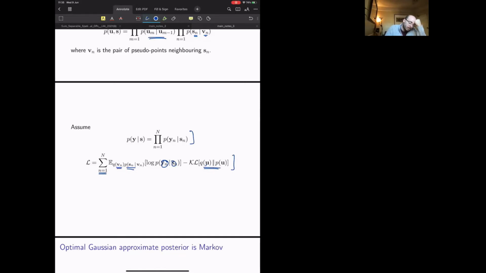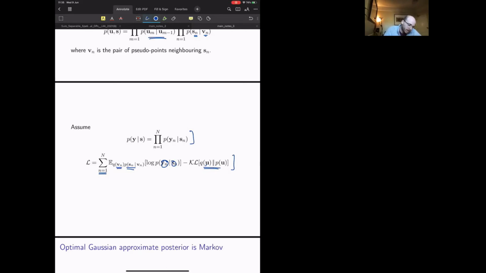So before you do anything else, this immediately gives you structure: to tell you what the approximate posterior says about Sn, you just need to know about the neighboring pseudo-points. You don't need to know anything at all about all of the other pseudo-points.